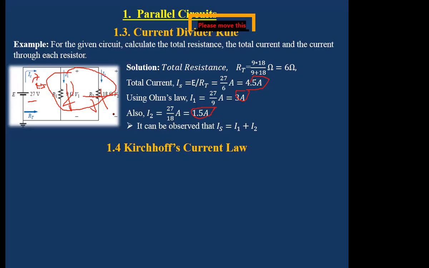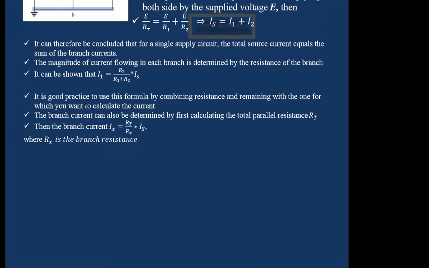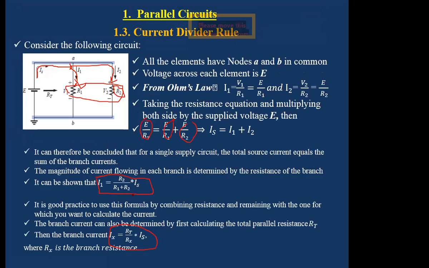Now, if you observe, you realize that in a parallel network, the current through a branch is inversely proportional to the resistance of that branch. How do we determine that? If you go back to our previous equation, you can see an inverse relationship between current and resistance. So current I1 is given by the value of R2 over the total resistance.